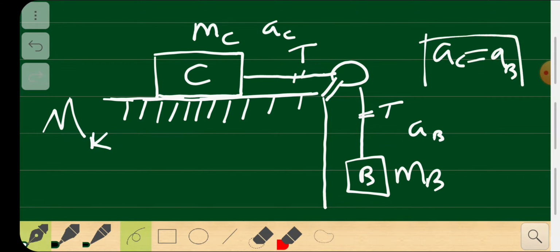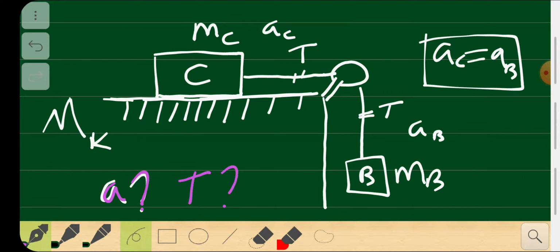So this is the system. We have defined the problem. Now I need to find out what the acceleration is. That's the first thing. The next thing I need to find out is the tension in the string.